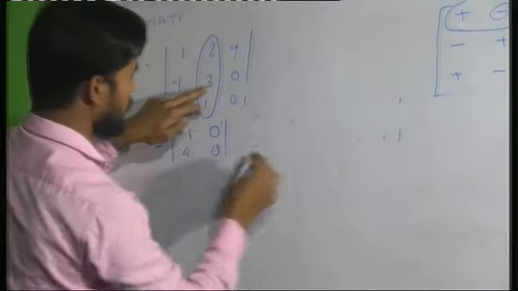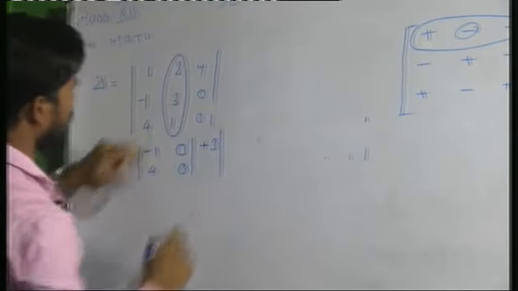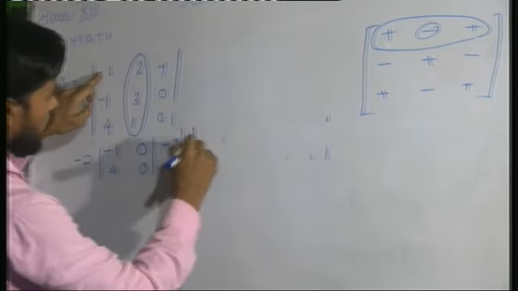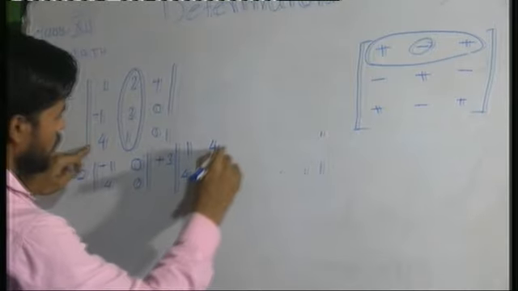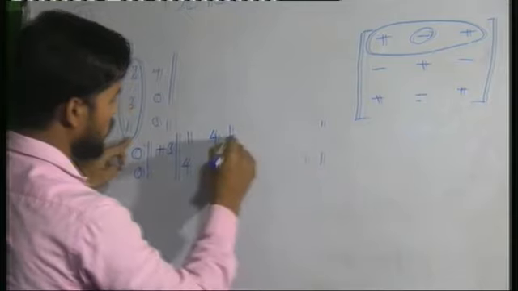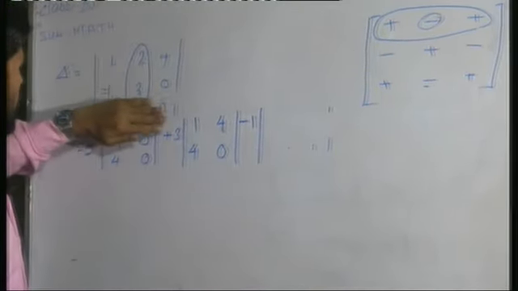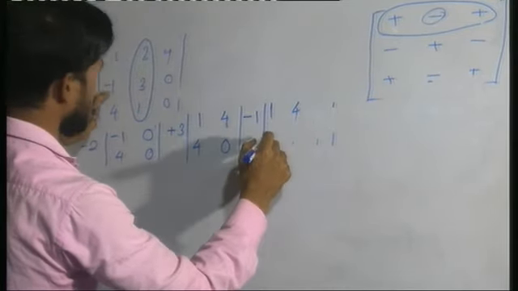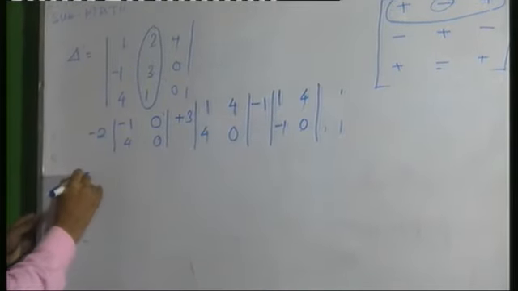Next sign is positive, so plus 3 determinant of, now cover this row and this column, so we have 1, 4, 4, 0, and the next sign is minus, so minus 1 determinant of, now cover this column and this row, so we have 1, 4, minus 1, 0. Now expand it.